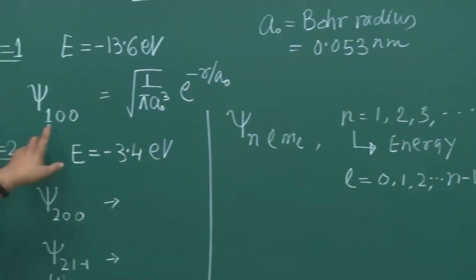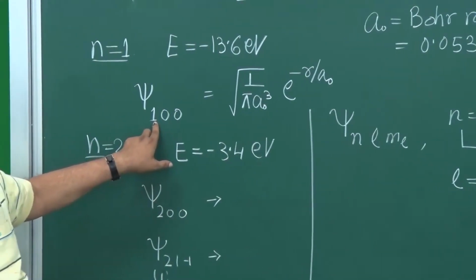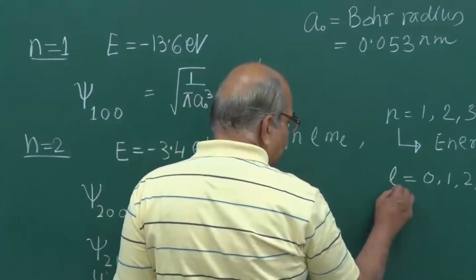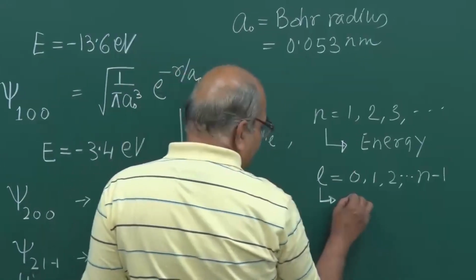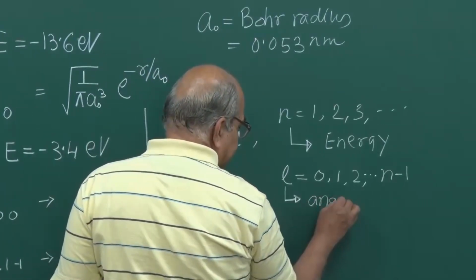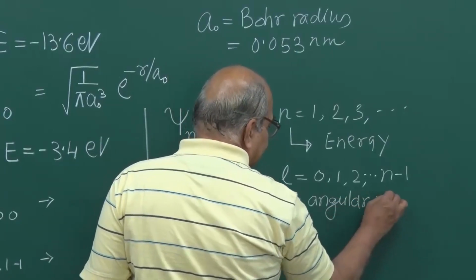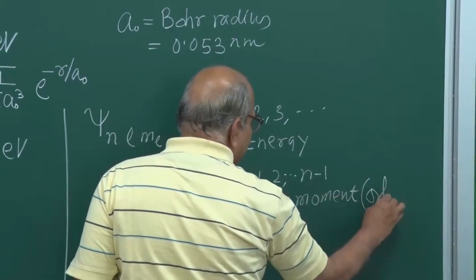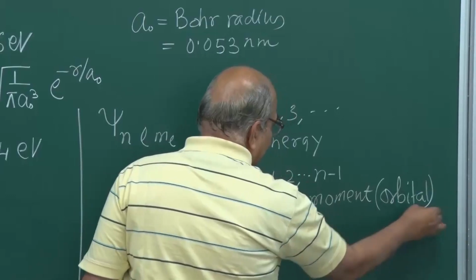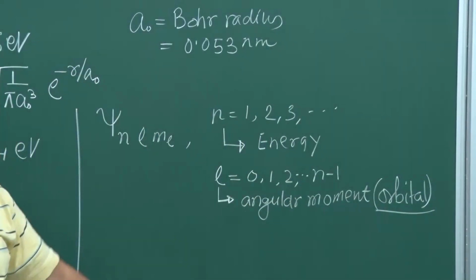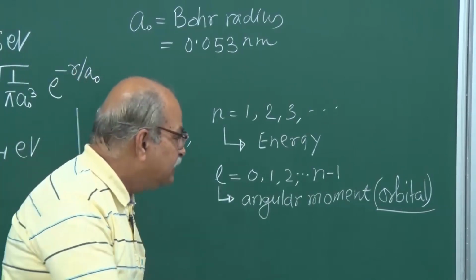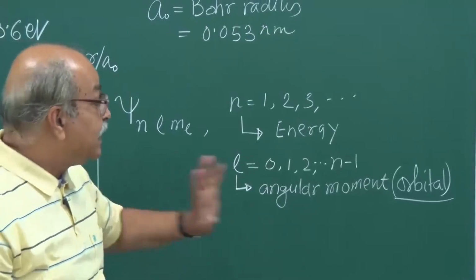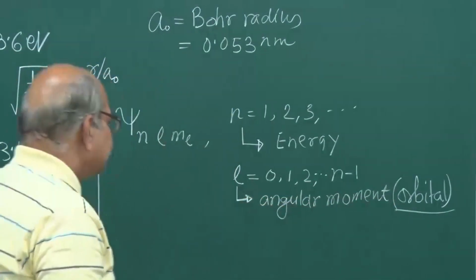This L is related to angular momentum, and in fact, we call it orbital angular momentum. Don't go by the meaning of orbital, that there is some orbit or so, just take it as a name, orbital angular momentum.